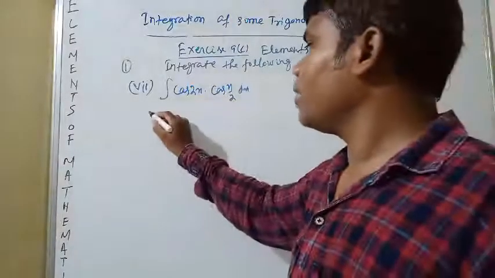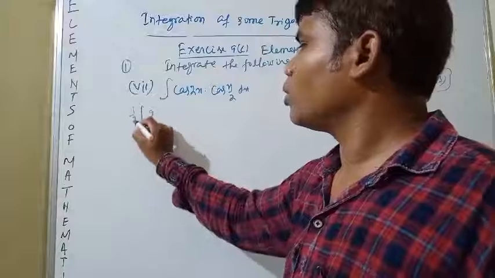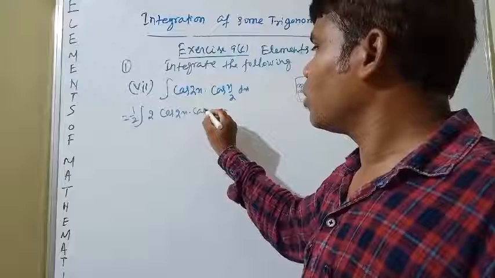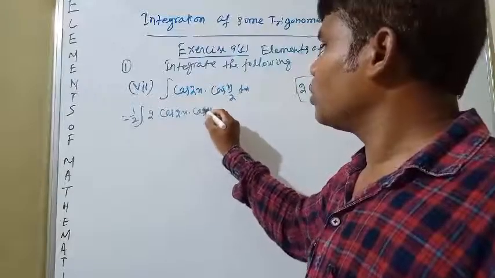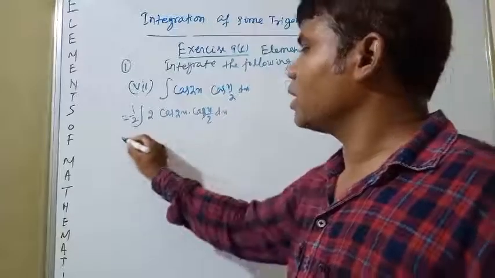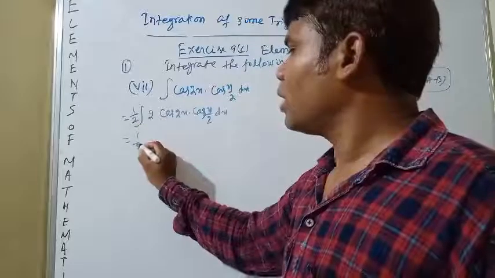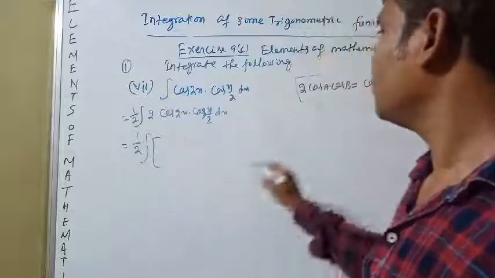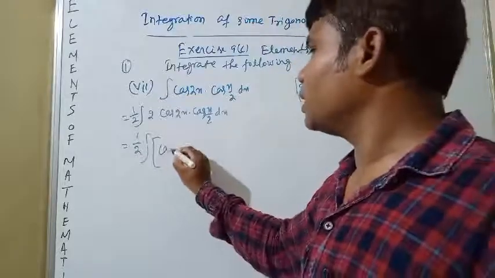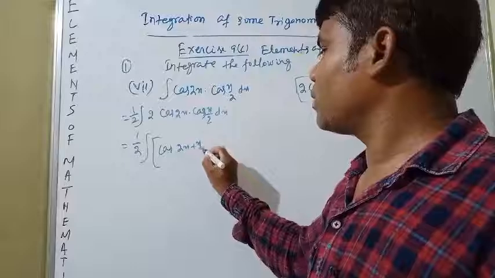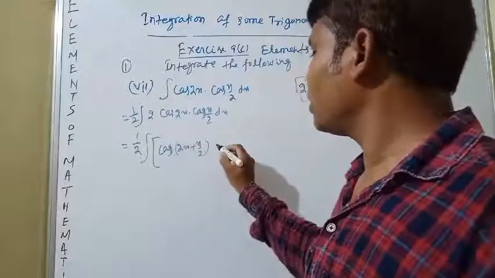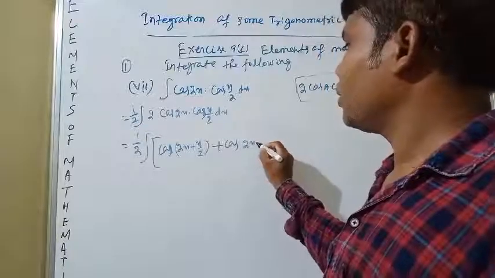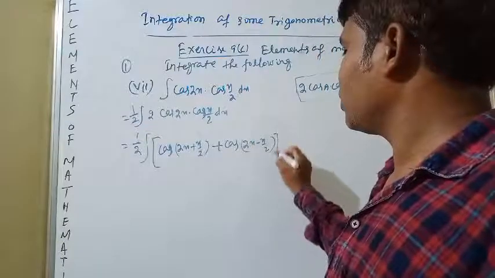Here you multiply by 2 and divide by 2, giving half the integral of 2 cos 2x into cos x by 2 dx. This equals half the integral of cos(a plus b), that is cos(2x plus x by 2), plus cos(a minus b), that is cos(2x minus x by 2), dx.